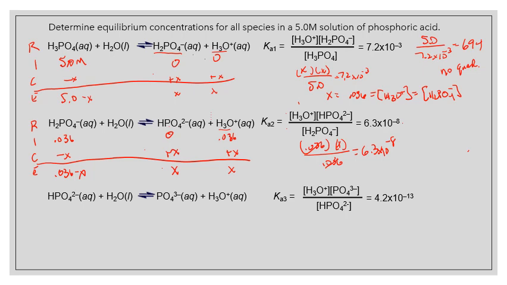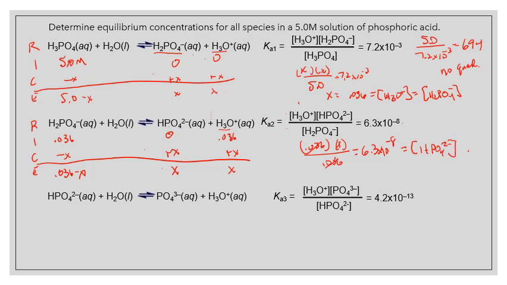So whenever you have the second ionization equation for a polyprotic acid, because the initial reactant is the same as the product, H3O+ is the same, those two will always cancel out, so you always know that the second anion concentration will equal the Ka for the second step. So I know that the 6.3 times 10 to the minus 8th will equal my concentration of the HPO4 2-.